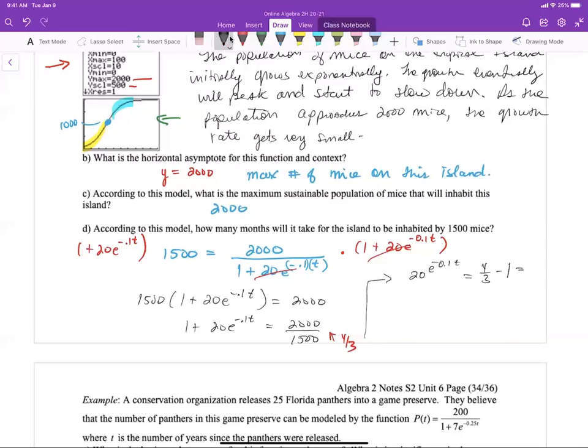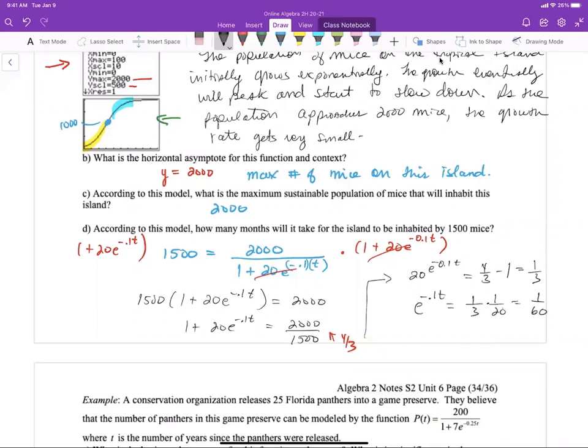Hold on one second, let me confirm my work. Okay, I'm sorry, I lost my train of thought. 4/3 minus 1 is the same as 4/3 minus 3/3, which is 1/3. I now need to divide both sides by 20. I get e to the negative 0.1 times t is equal to 1/3 divided by 20, which is 1/60.